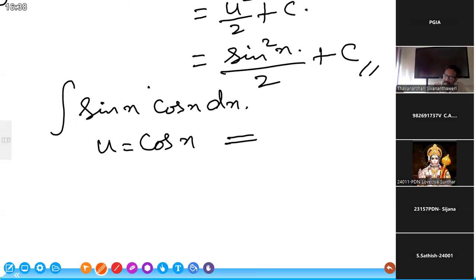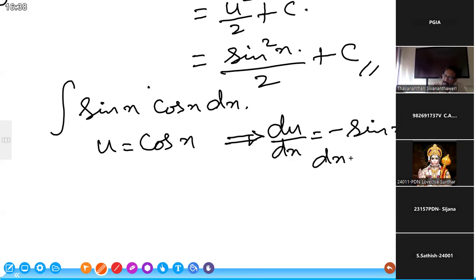Then how to handle it? du by dx is equal to minus sin x. So dx could be given as minus du by sin x. Keep that aside, and we can fill the blank: sin x, u into dx.